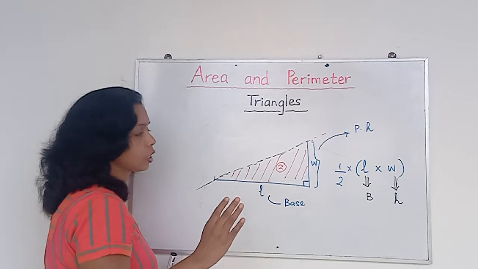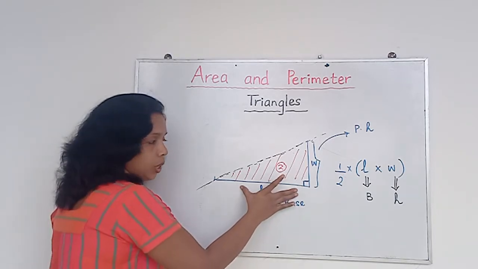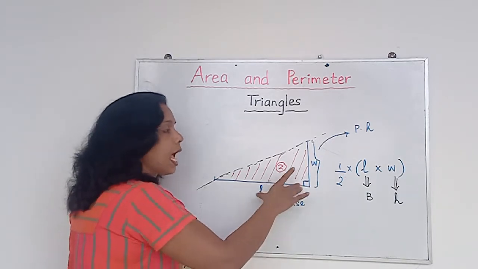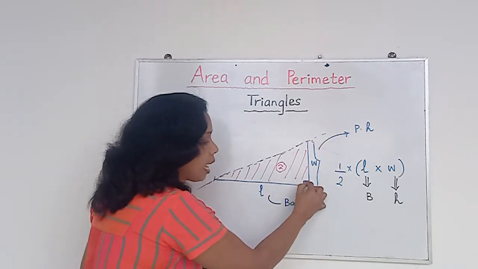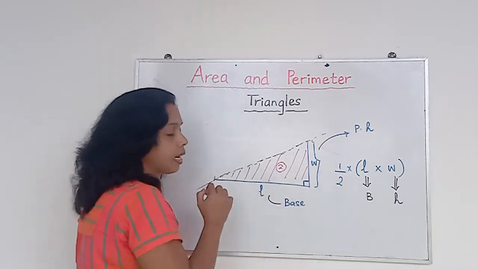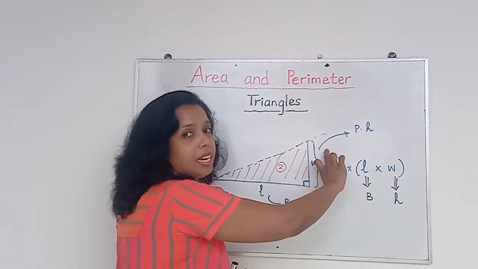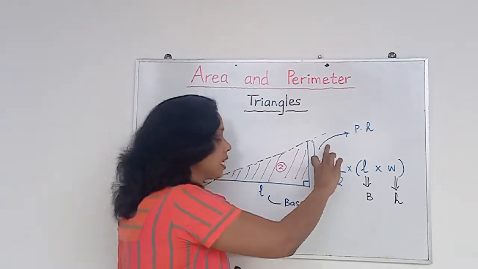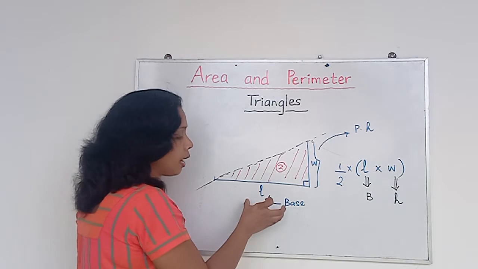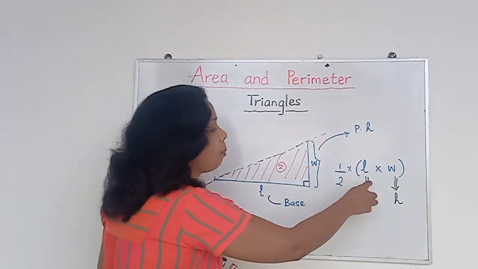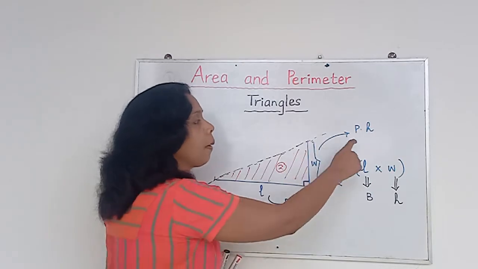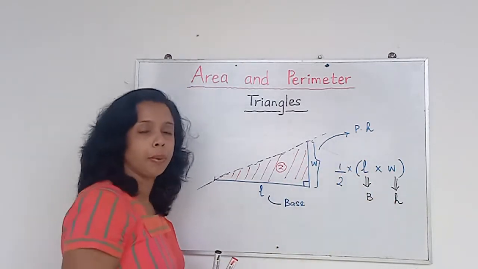Okay, then I explain. So this we name as base, and this is perpendicular height. So here there is a right angle, and this perpendicular height is drawn against this base. So I replace L with B, base, and I replace W with H, that is perpendicular height.